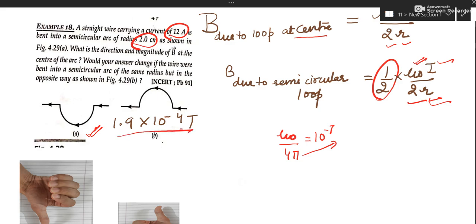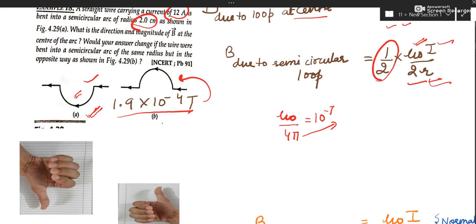You will get this answer. Right. So magnetic field in this case is also same, and in this case is also same. But you can see here what will be the direction of magnetic field. So you can use your right hand thumb rule. Your current is going like this. Your curls will go this way, no? So here this is coming downwards.